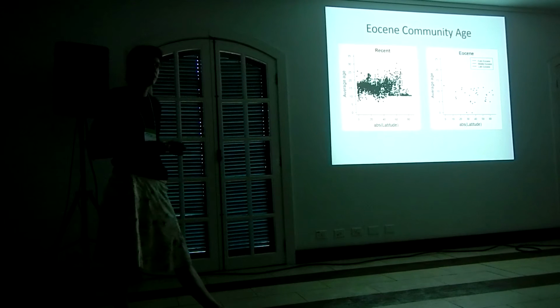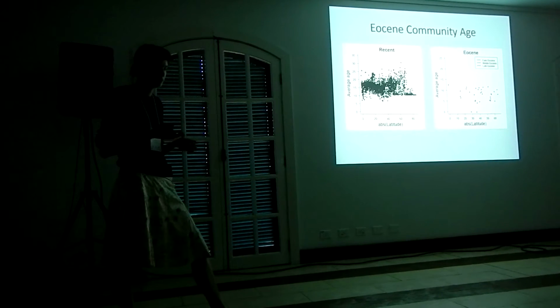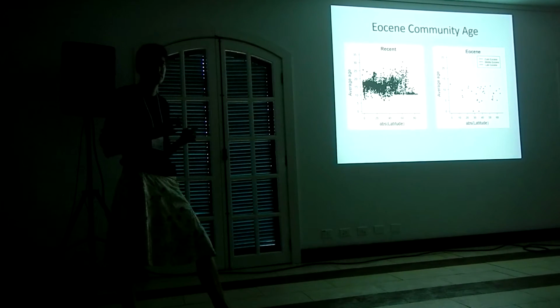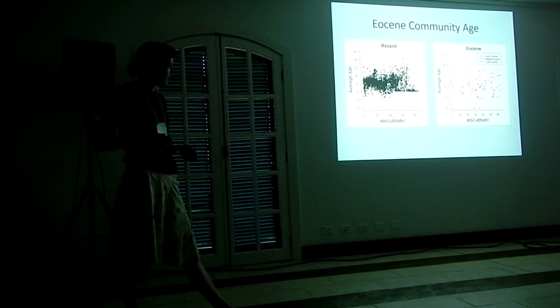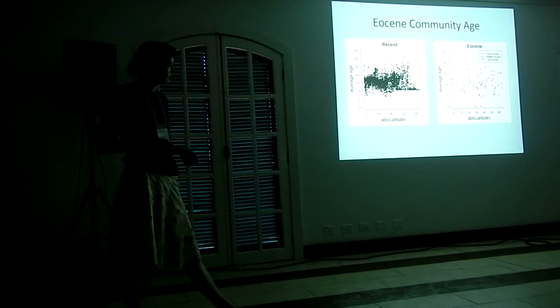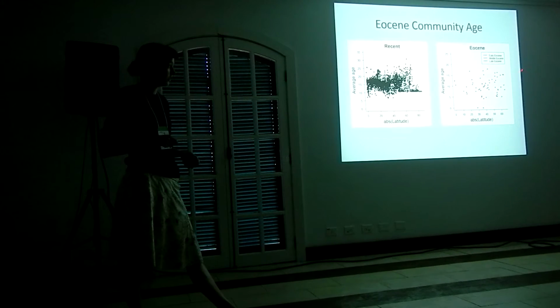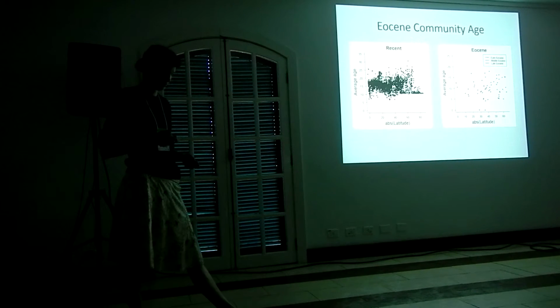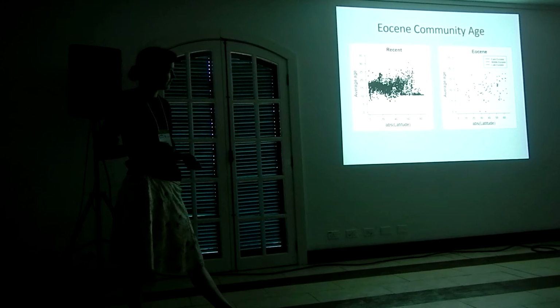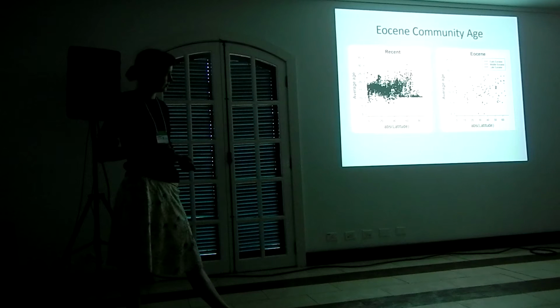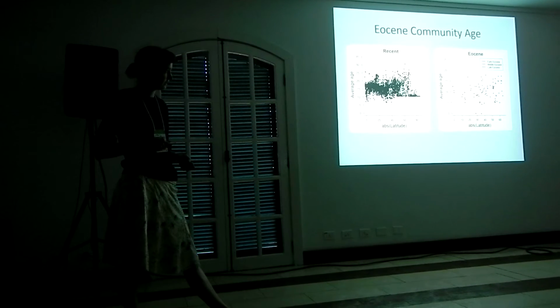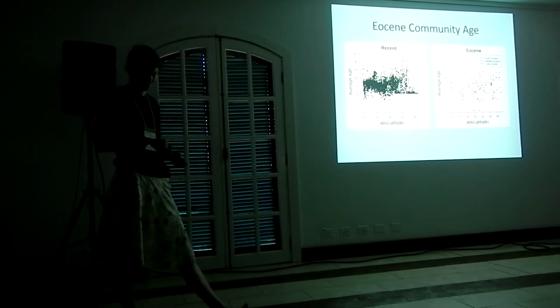But there is no change in community age with latitude, so the species seem to be able to speciate at any latitude. As we move to the Middle Eocene, you start to get older ages at high latitudes, but not at low latitudes. And by the late Eocene, this pattern is more pronounced, so we're getting older species up here and younger species down here.